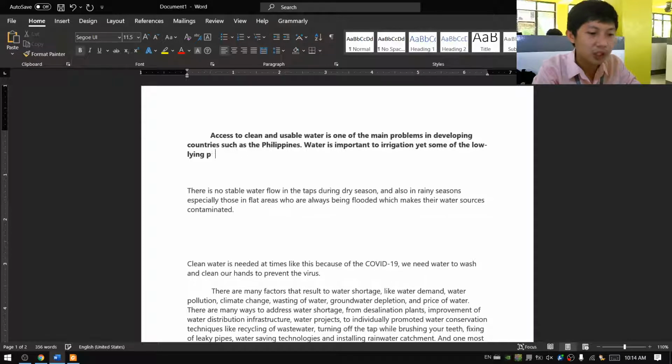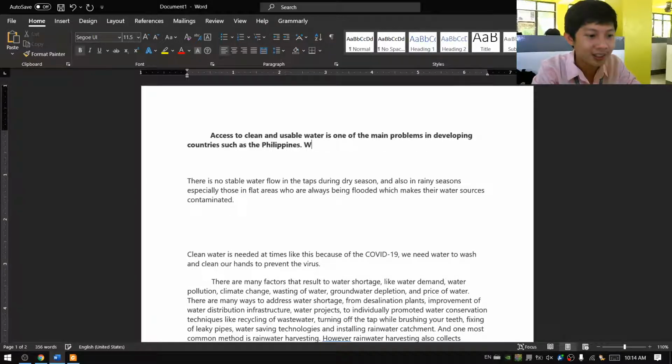Okay, no, delete. Okay. Ano mo gustong sabihin? There is no stable water flow in taps during taps. What do you mean taps?